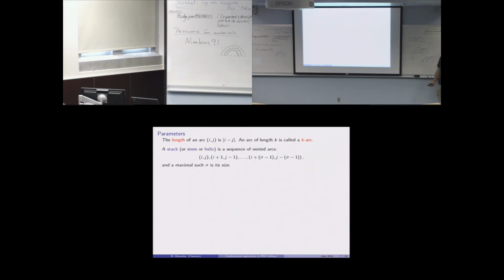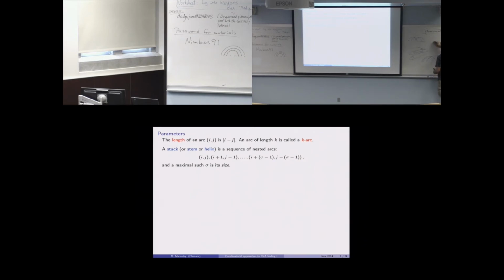A stack, also called a stem or a helix, is a sequence of nested arcs. So think of it like a rainbow here. That's in terms of folded structures.